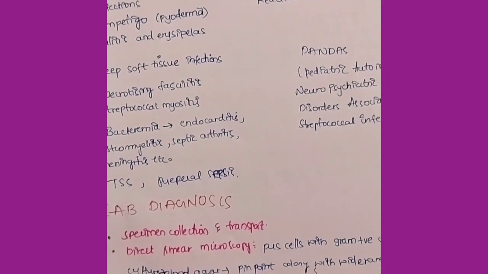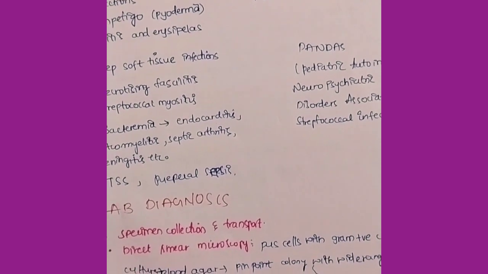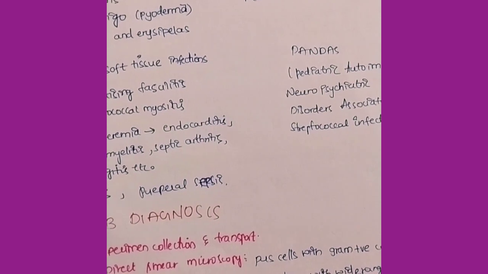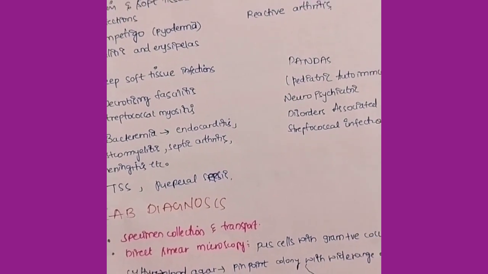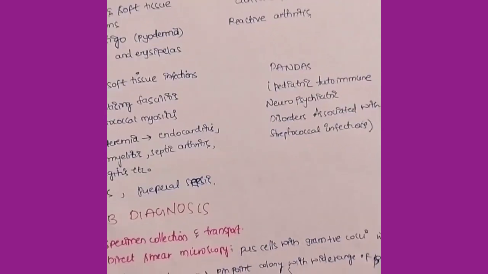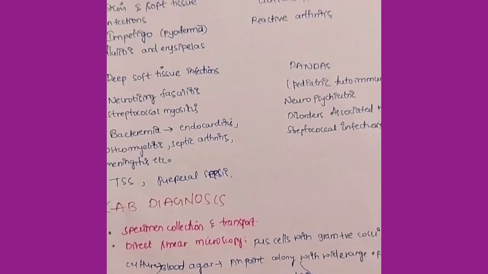Selective media include crystal violet blood agar. Culture smear shows gram positive cocci in short chains. For identification: catalase negative, bacitracin sensitive, and CAMP test negative.